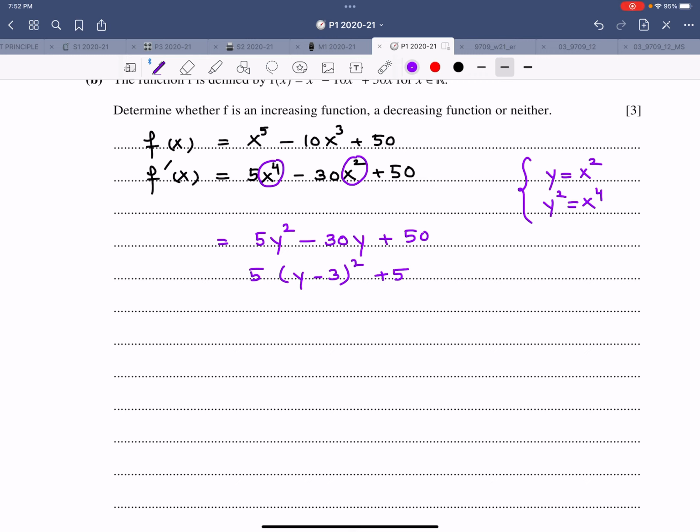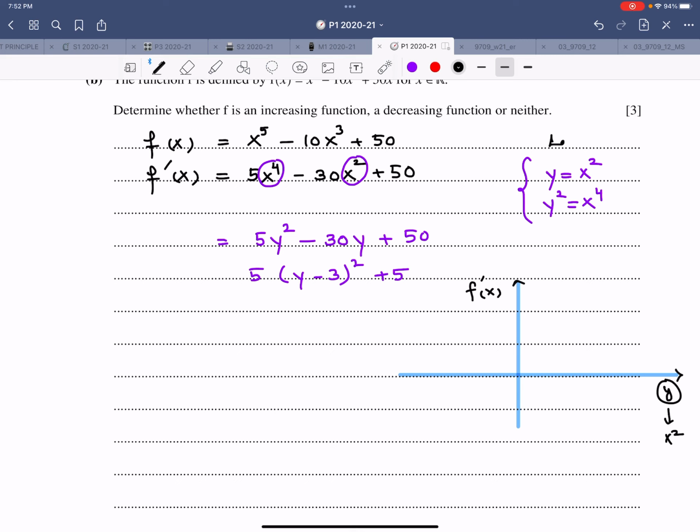Now once you have calculated, evaluate this thing, what more needs to be done? What you need to know is that if I draw a graph of this thing, this time this is f prime x, and the x-axis is actually y, but y is the same thing as x square. Got the idea? Because we have made the substitution.